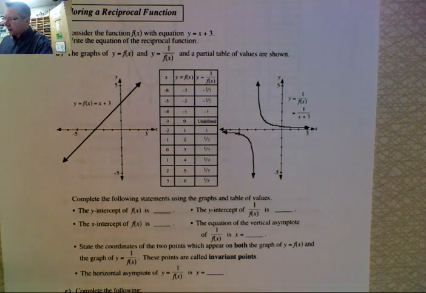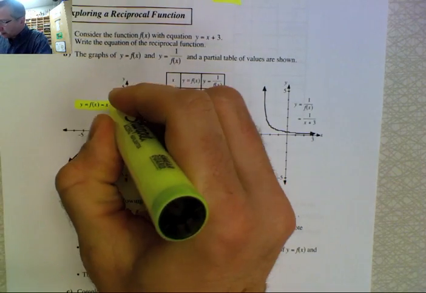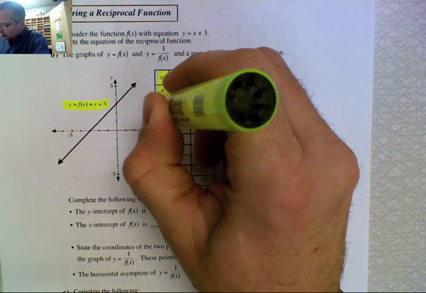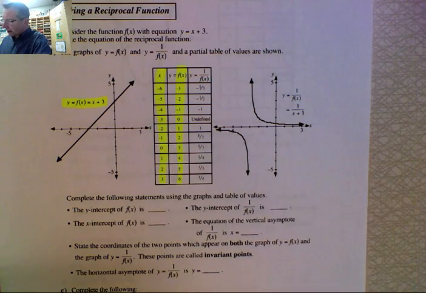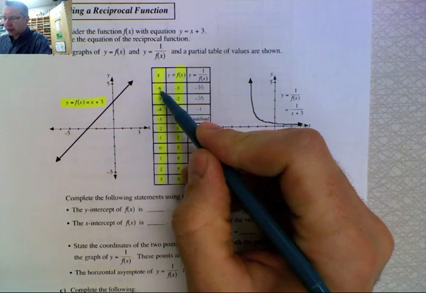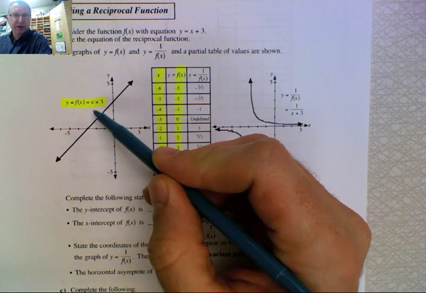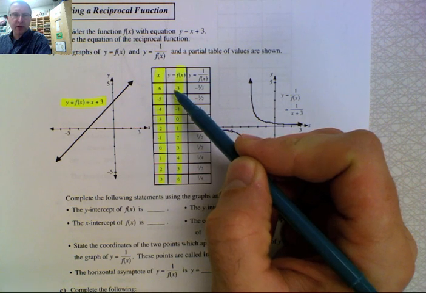First of all, we're going to look at graphing the function y equals x plus 3. We've made a table of values here, taking values like -6, -5, -4, plugging those x values into our equation, x plus 3, and coming up with y values.